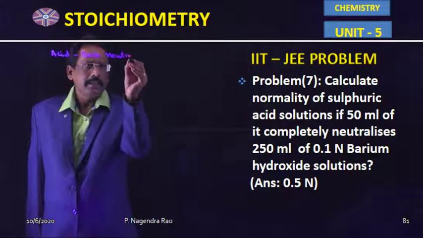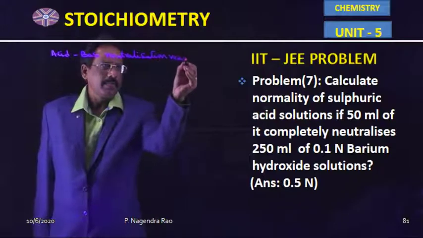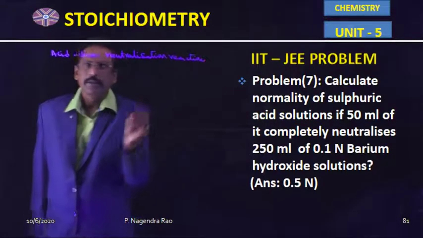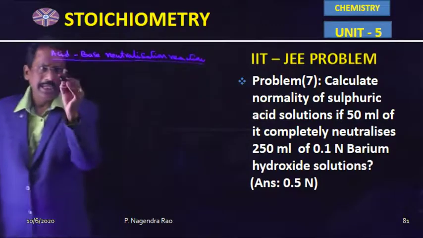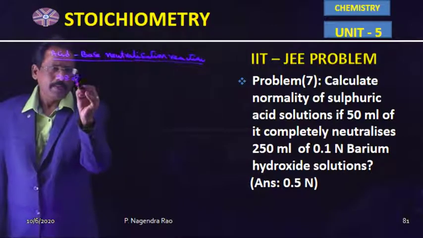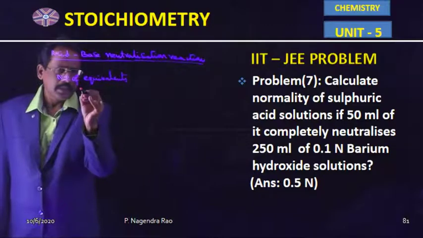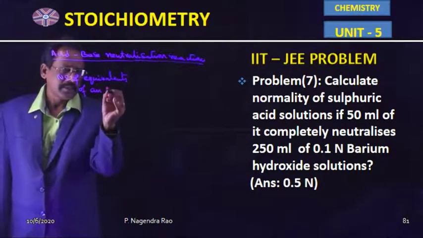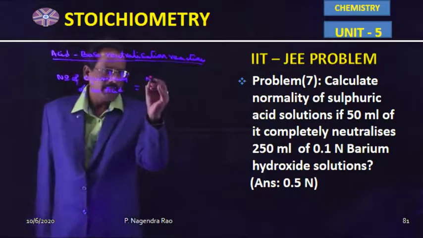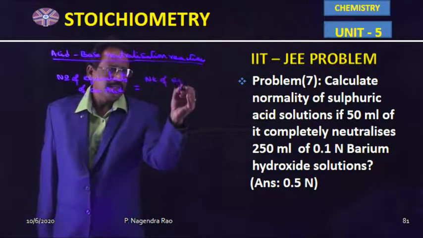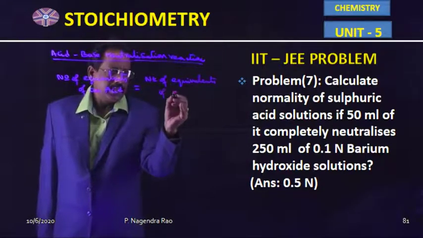In any acid base neutralization reaction, the number of equivalents of an acid should be equal to the number of equivalents of a base.